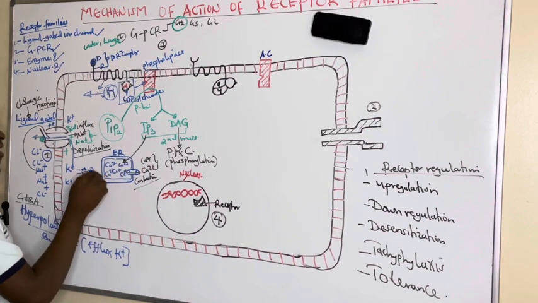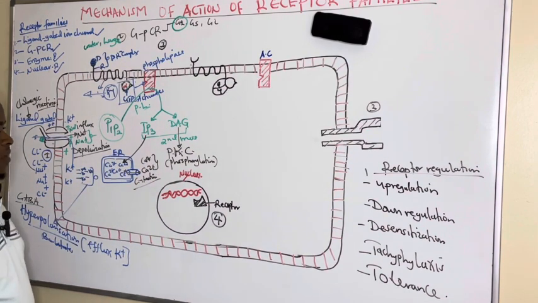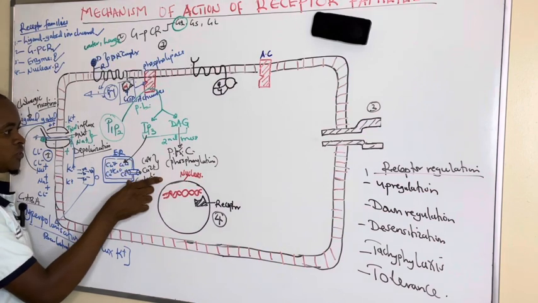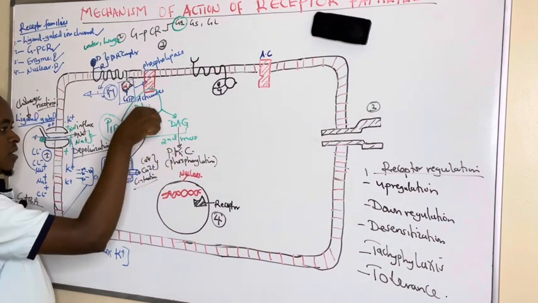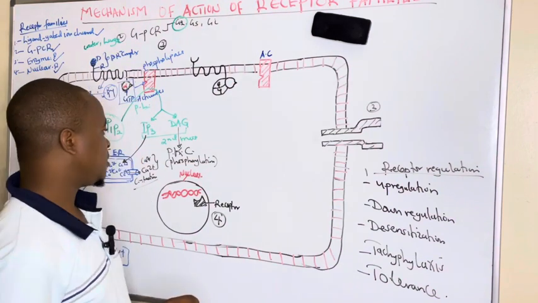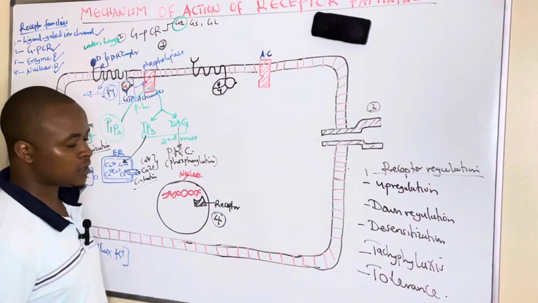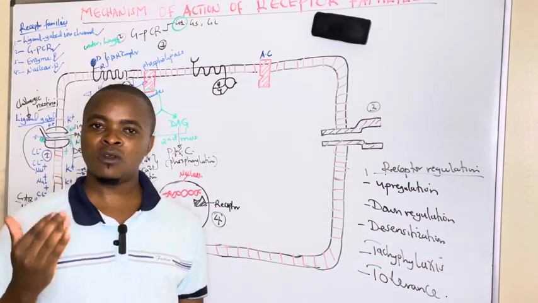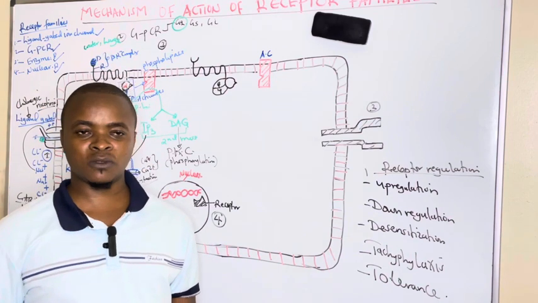Then IP3 causes release of intracellular calcium ions, leading to contractions, whereas DAG goes and activates protein kinase type C, which phosphorylates proteins within the cell, hence bringing about a cellular response.